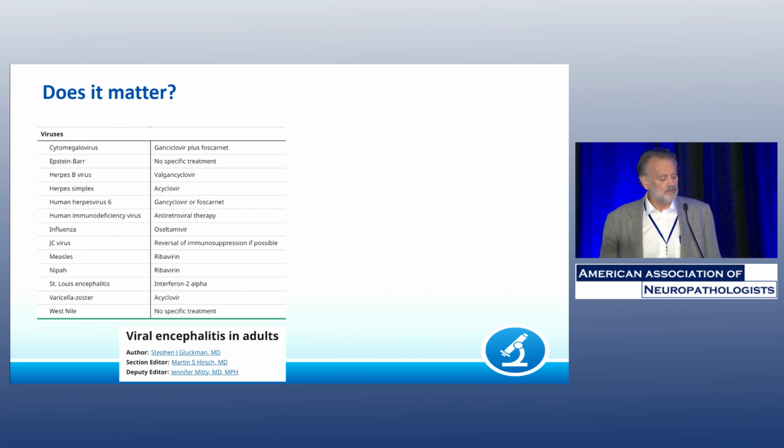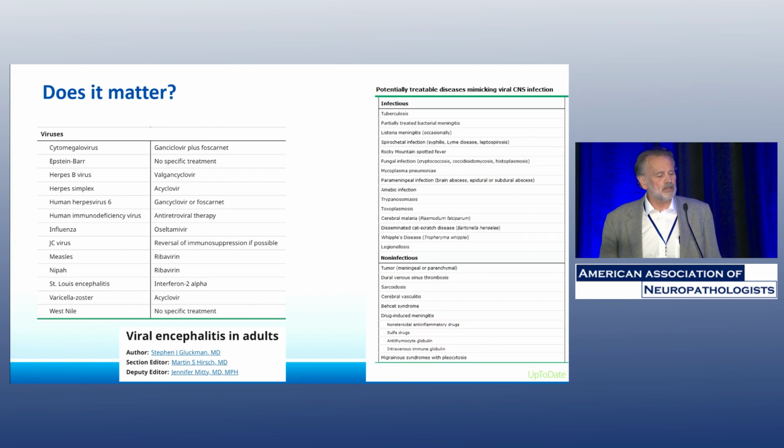So it does indeed matter if a virus is there, what type of treatment can be proposed. But perhaps even more importantly is that if it's not a viral infection, and there are all sorts of agents listed on the right there that can masquerade as a viral infection, and they are all amenable to effective therapy.